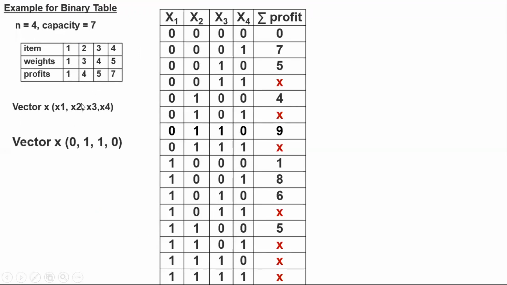Since there are 4 items, we generate a vector X, and in the table we list all the states.